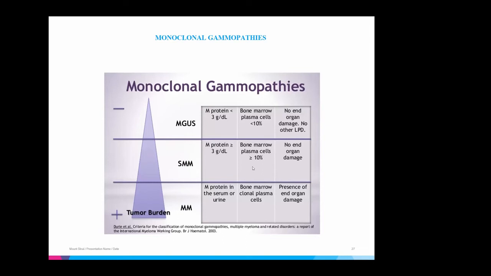Now, our patient on the previous slide had bone marrow plasma cells of 40%, but no end organ damage. There are, of course, patients who have what's called MGUS with a low M protein level and a low percentage of bone marrow plasma cells. Again, they have no end organ damage either.